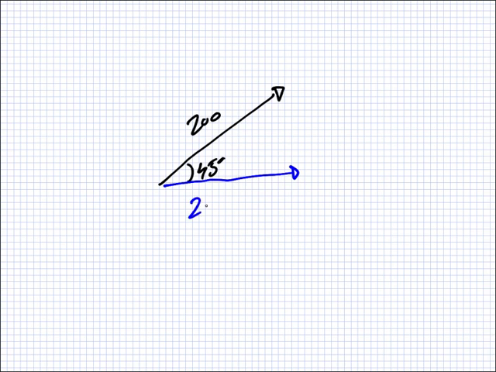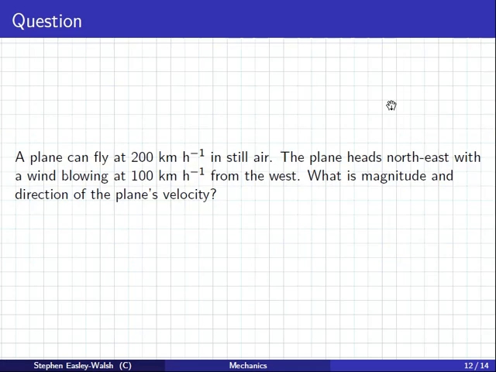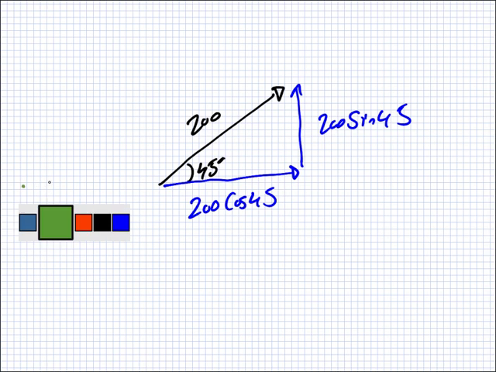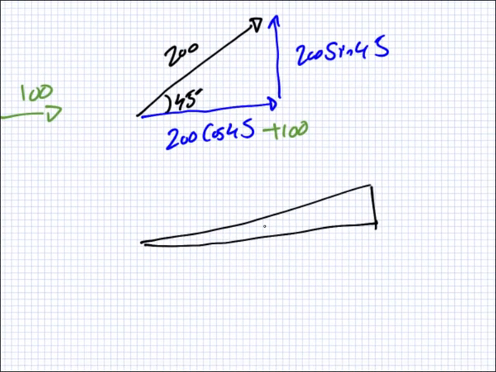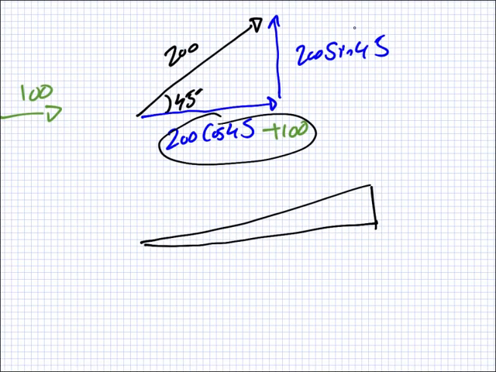This is 200 cos 45, and this one here is 200 sine 45. But then there's a wind of 100 blowing here, so that adds 100 to this side. So the new triangle will look longer, like this. What is this, please? And what is this, please?